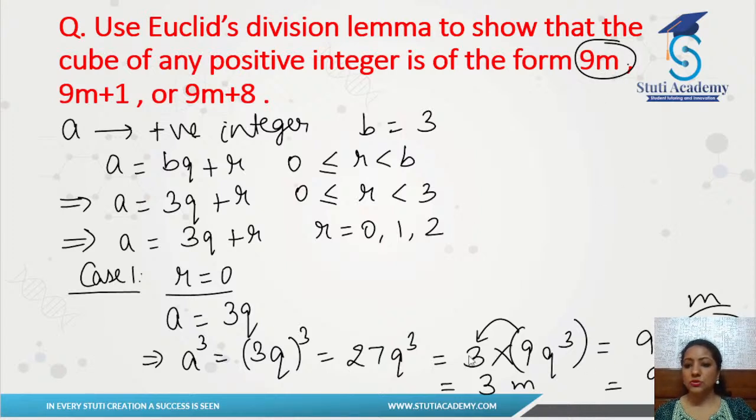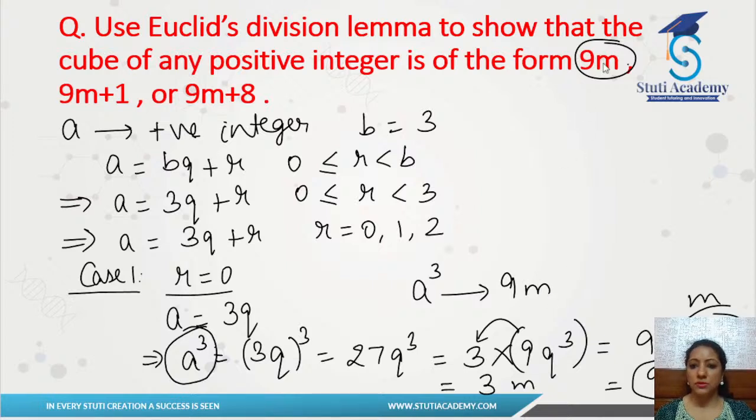So instead of 3 into 9, I've taken 9 into 3. So finally, this a cube we have expressed as 9m, where m is 3q cube. That means m is any integer. So here we can say that cube of a can be expressed as 9 times m. So it can be expressed in this form.